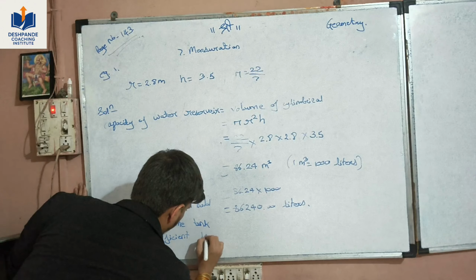Zeros get cancelled, 7 ones are 7, 7 ones are 7, remaining 1, 16, 7 twos are 14, remaining 2, 22, 7 threes are 21, remaining 1, 14, 7 twos are 14. So for how many persons is the water sufficient? 1,232 persons.